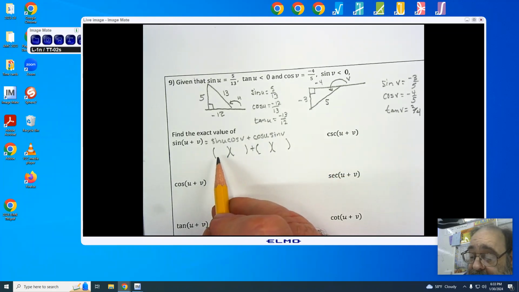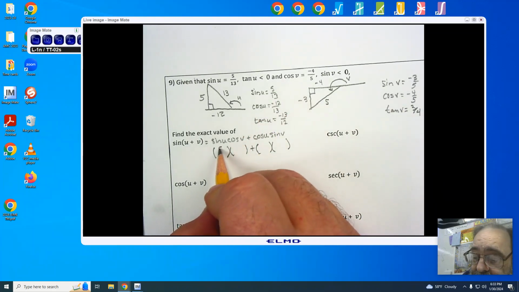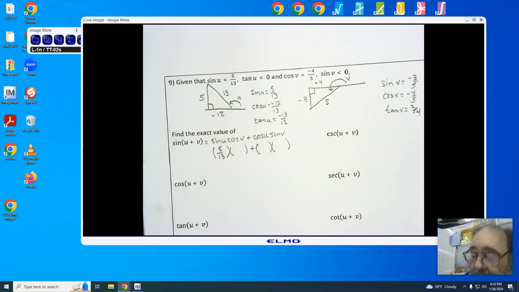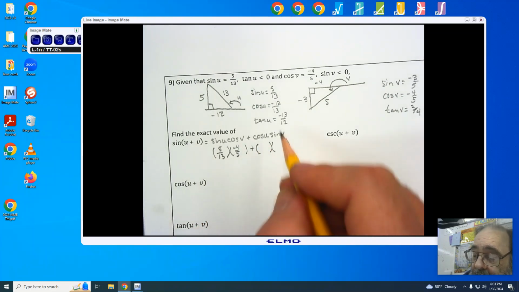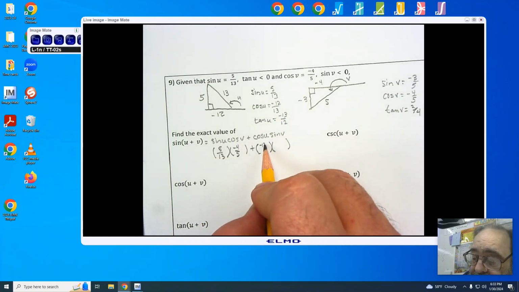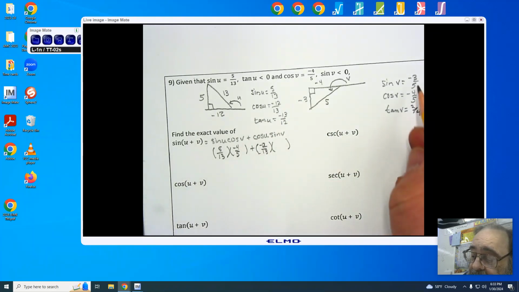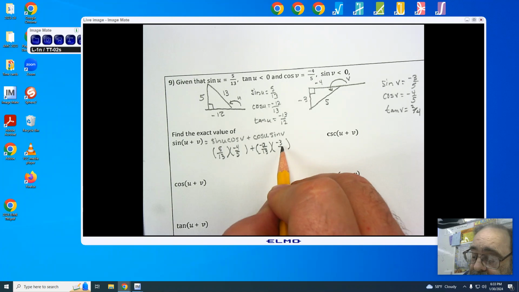Since the sine of u is 5/13, that's going to go first. The cosine of v is negative 4/5. The cosine of u is negative 12/13. And the sine of v is negative 3/5.